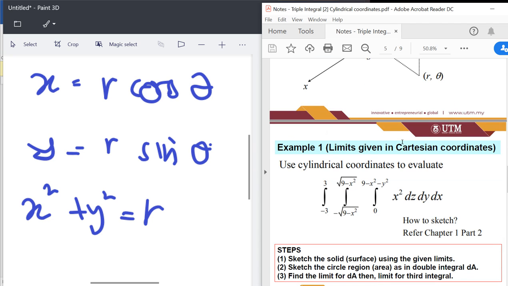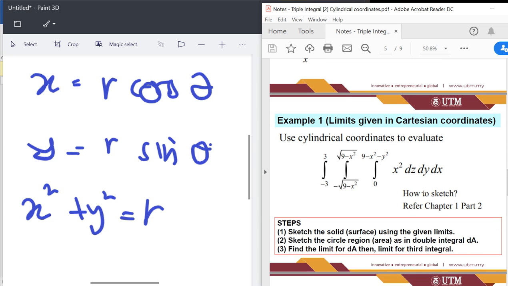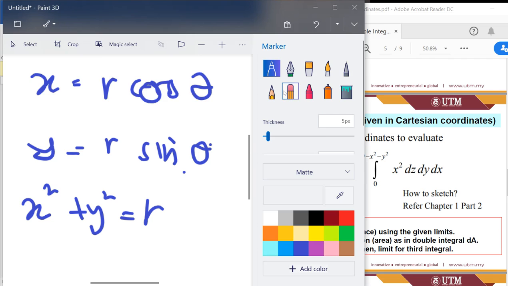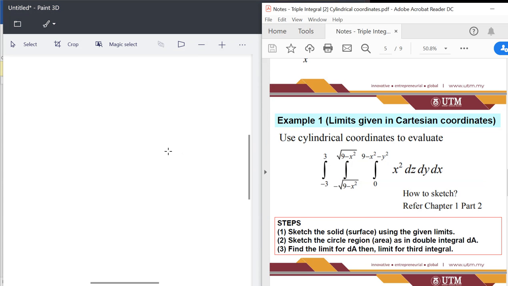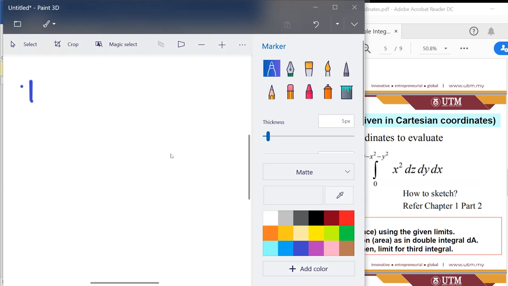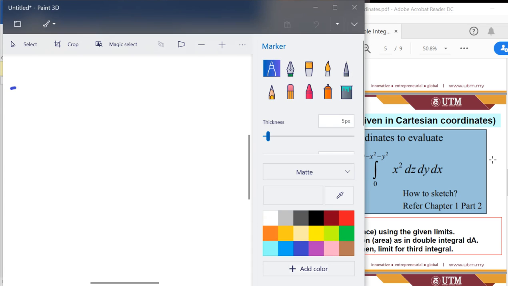Let's take a look at the first example: use cylindrical coordinates to evaluate this integral. First, you have to know what kind of solid you get from the given limits. From the question, we have z equals 9 minus x squared minus y squared.